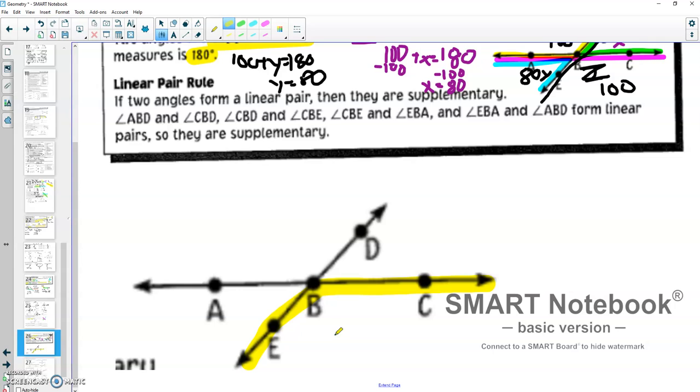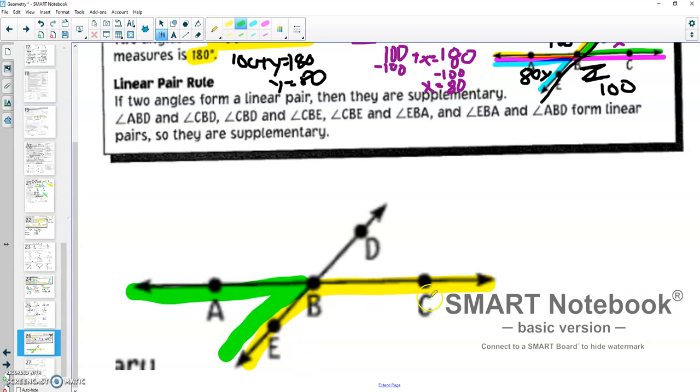Or what is it next to? Okay? You would have to say, oh, it's probably next to ABE. And would you look at that? It makes a line. Okay? So these are linear pairs.